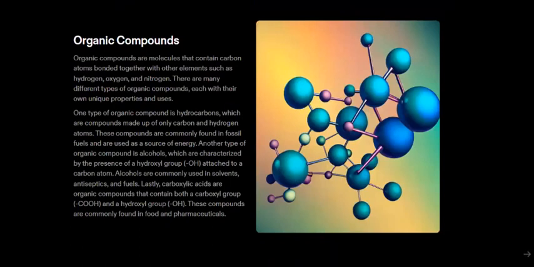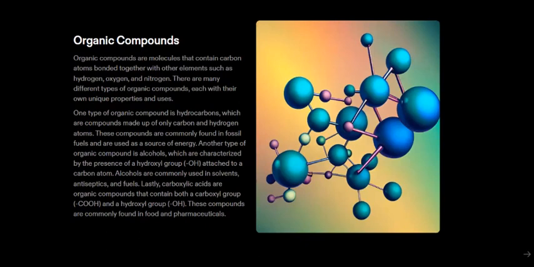As I said, organic chemistry is based on carbon-based compounds, so carbon should be playing a major role in these compounds, right? There are many types of organic compounds, categorized by the presence of hydroxyl groups on a carbon atom.